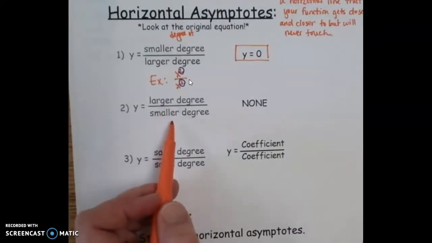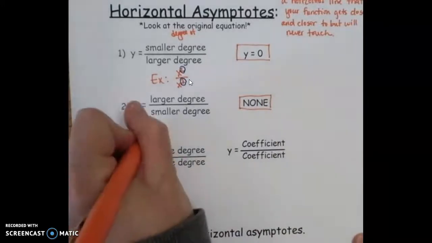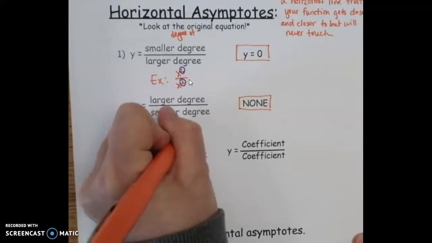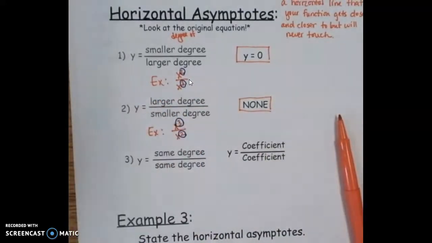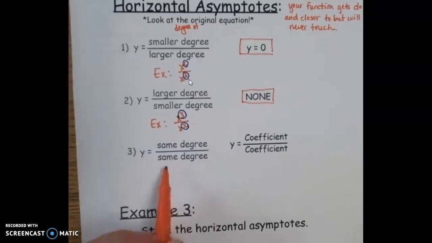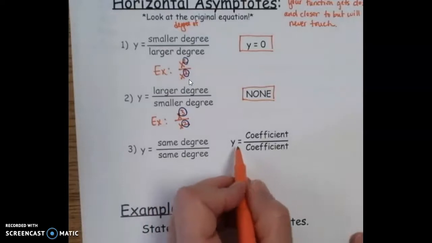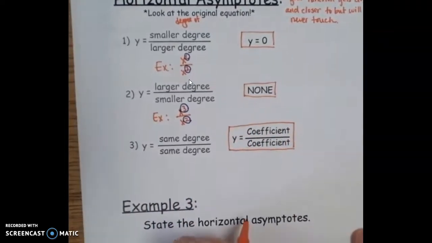If it's larger over smaller, there is not a horizontal asymptote. An example of this would be x to the third over x squared. So again, that's larger over smaller. If for some reason they have the same degree, then you're going to write your horizontal asymptote as the ratio of your leading coefficients.